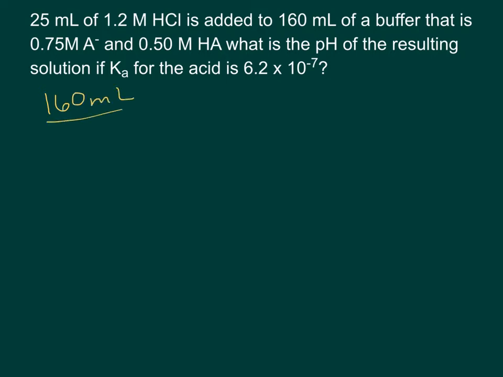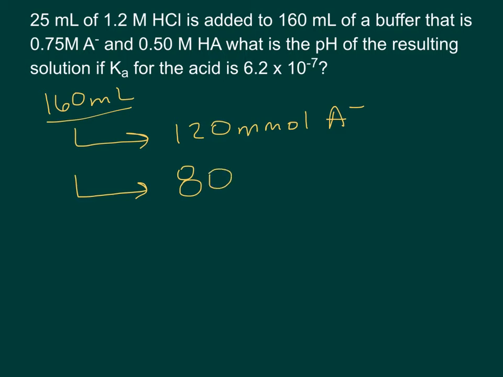I want to know, in 160 milliliters of my buffer, what does that include? Well, that will be 120 millimoles of A-, and I determined that by saying 160 milliliters of the buffer times 0.75 moles per liter. Again, remember, I like to work in millimoles. In addition, in 160 milliliters of this buffer, there will be 80 millimoles of HA.